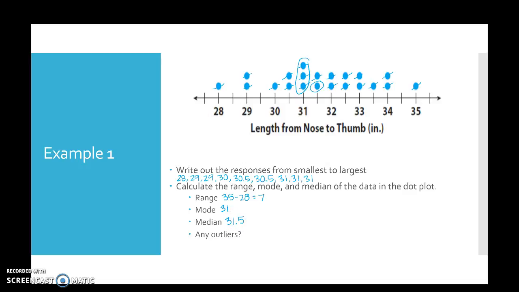And are there any outliers? So even though it looks like the 28 and the 35 are a little bit further than the rest, that's within 1 unit of the others. So we're going to say no, there's no outliers.